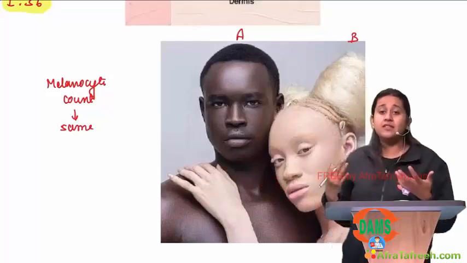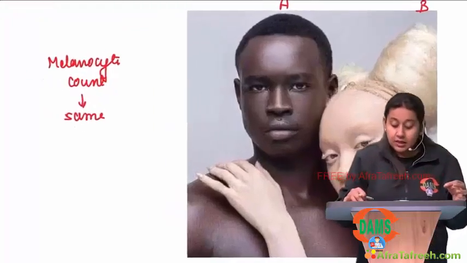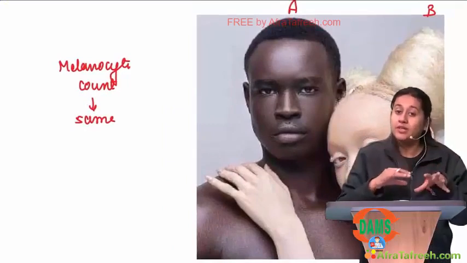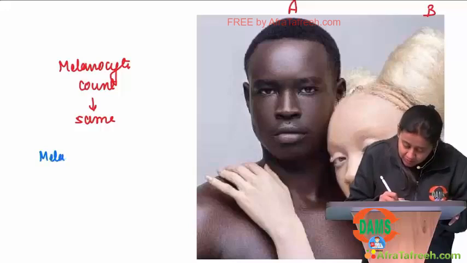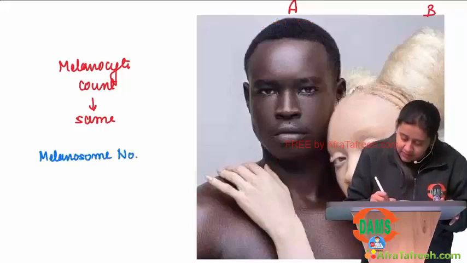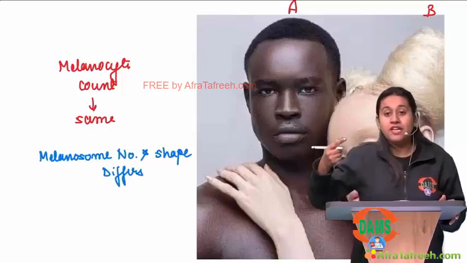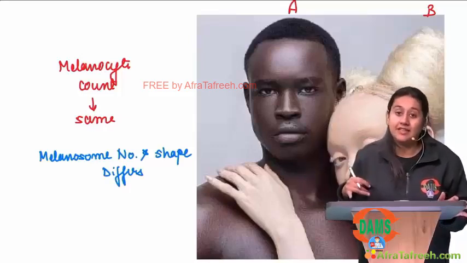Then what is the reason for that dark color in that individual? The reason is the number of melanosomes, which is the organelle producing pigment. The melanosome number is more. Melanosome number and shape differ. More number of melanosomes, darker the color. Less number of melanosomes, lighter is the color.